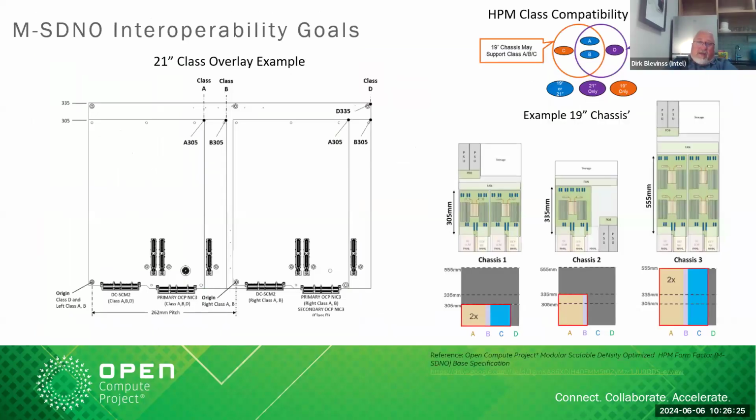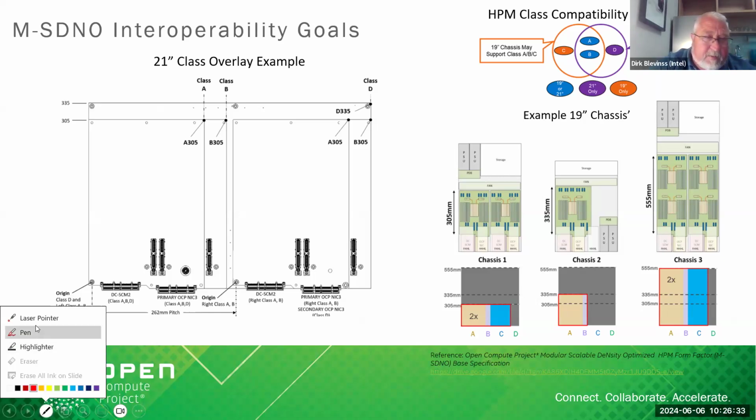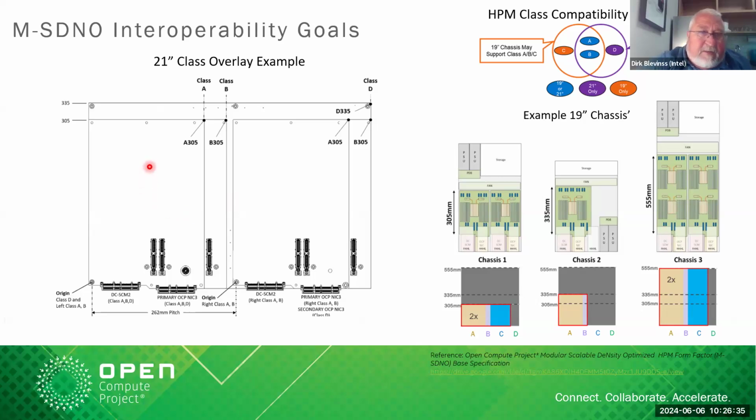So if we go to the next slide, you can see the picture on the left-hand side over here, let me go to my laser pointer too. If you look at this picture on the left-hand side, essentially we have a Class A 305 length board, and you could actually have a 305 or a 335 length board.